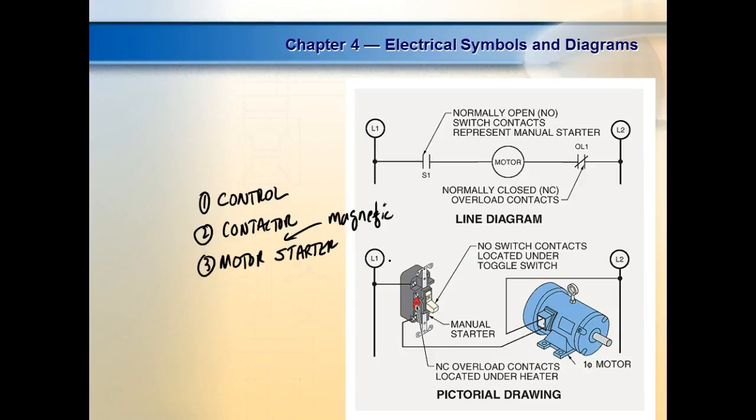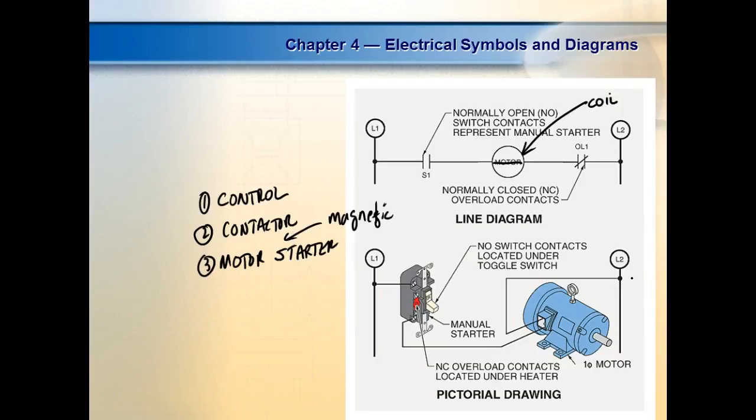So a control relay is a relay whose contacts, y'all understand those terms now. So a relay is, we'll call this guy right here, this is not actually a motor. We'll call this guy right here, this is the symbol of a coil. Y'all understand that term now? Yes or no?